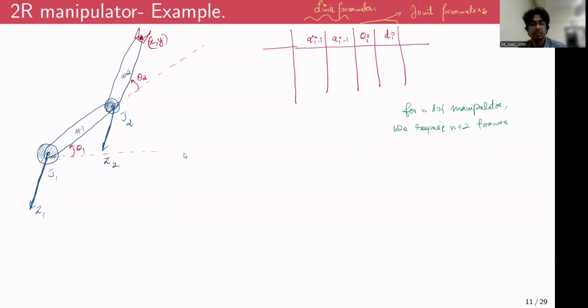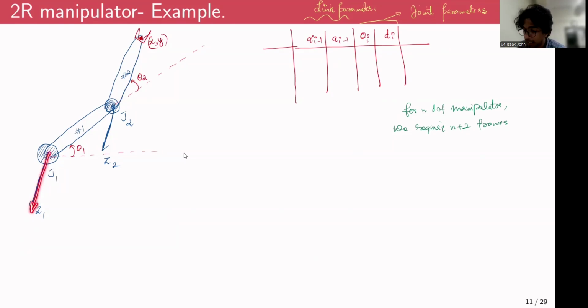And now the second step is to assign the x-axis, right? So what I've said earlier is that if you are uncertain about fixing the x-axis, you have to look at the subsequent z-axis, and the direction of the x-axis should be perpendicular to the subsequent z-axis and the current z-axis.